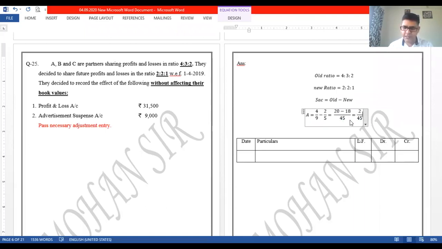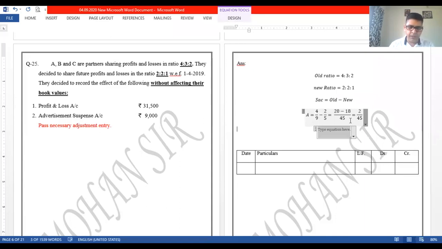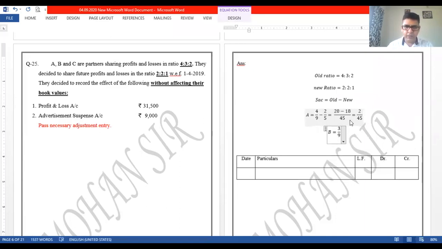So basically A sacrifices. Now for B, okay, so that will be equal to 3/9 minus 2/5. Okay, so again the LCM will be 45, and over here 5 3s are 15 minus 9 2s are 18, right?